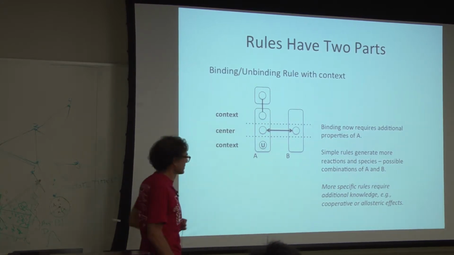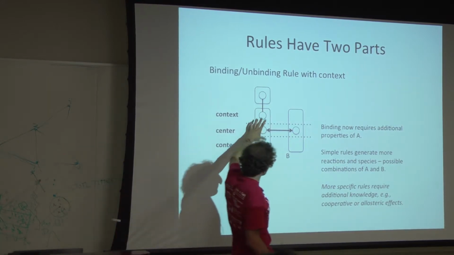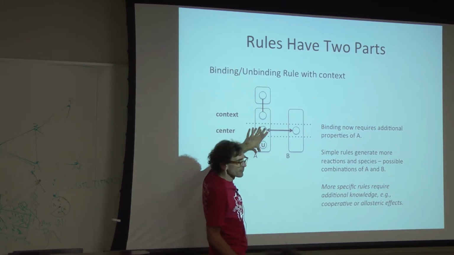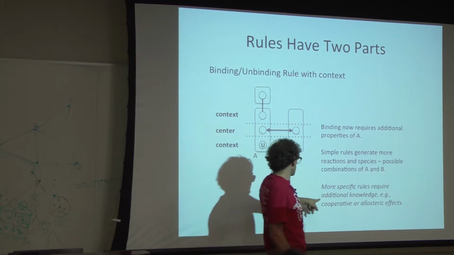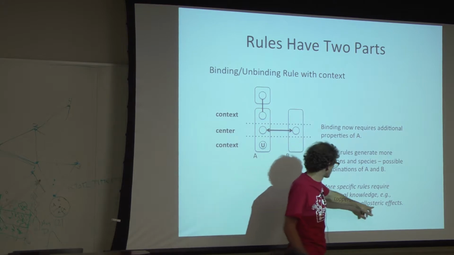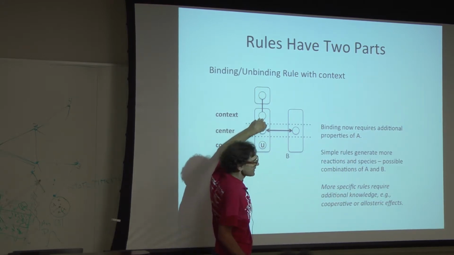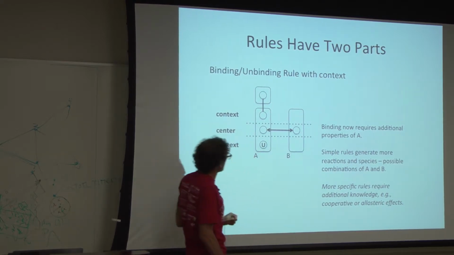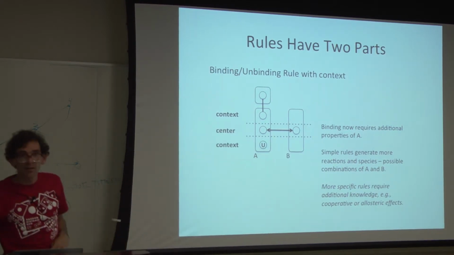That's what this simple rule says. And the idea is that we can then refine rules as we get more biochemical information and encode that information directly. So for example, if there's cooperativity or there's allostery, this would be possibly an example of an allosteric effect where the ligand binding changes the state of this binding component so that the B molecule can bind. Alrighty.